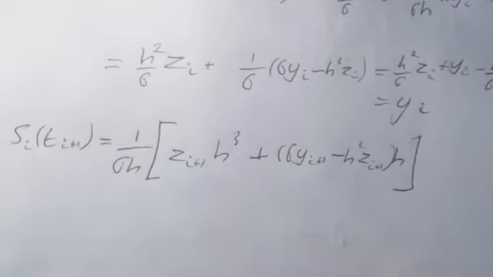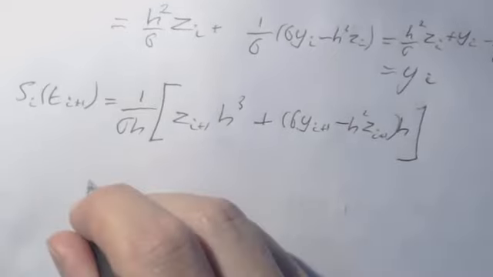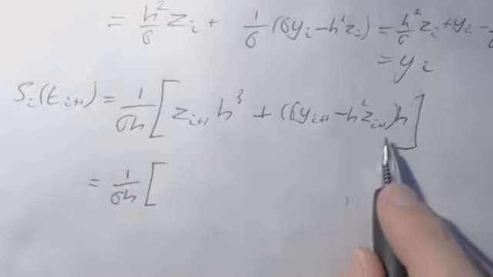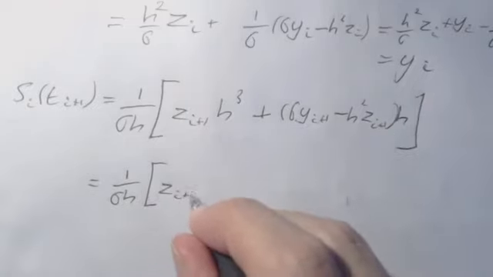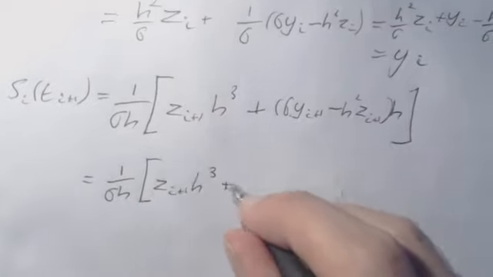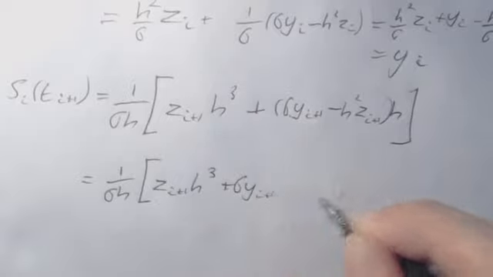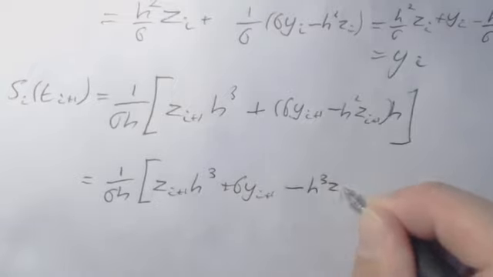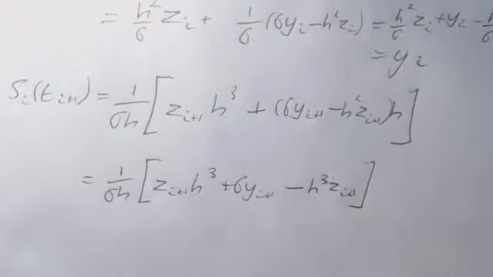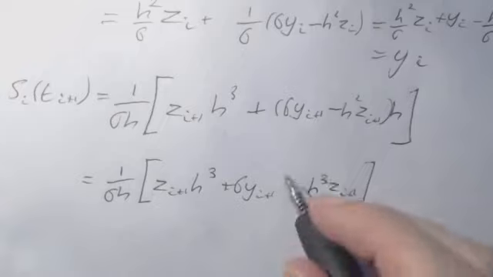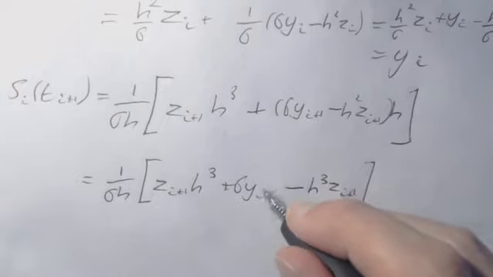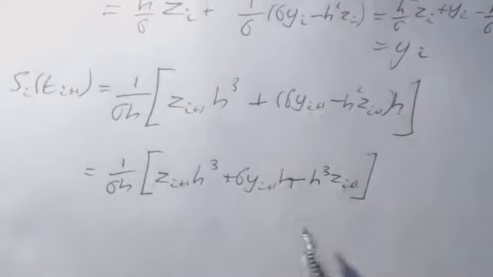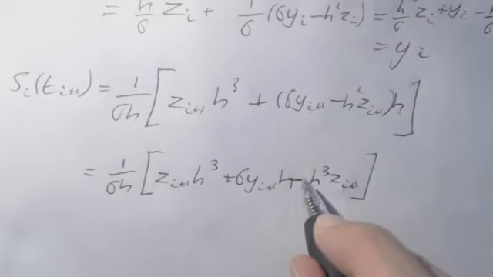Let's see if we can simplify that a little bit. So this is equal to 1 over 6h times zi plus 1 h cubed plus 6yi plus 1 minus h cubed zi plus 1. I missed the h out here. This was 6yi plus 1 h, multiplied, and that was a minus.